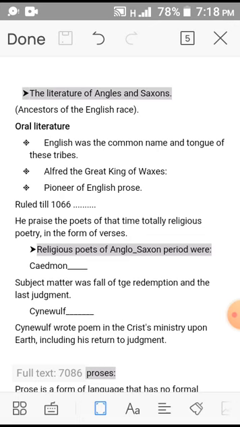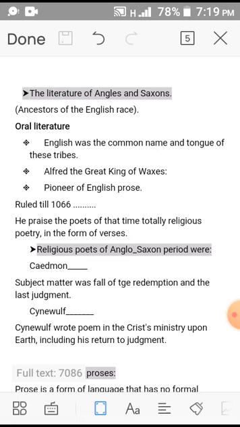Because the poets wrote and spoke only religious poetry. The literature was oral. They used to sing at their feasts about battles, gods, and their ancestral heroes. Some of their chiefs were also bards. Bard means poet. It was in these songs of religion, war, and agriculture that English poetry begins.